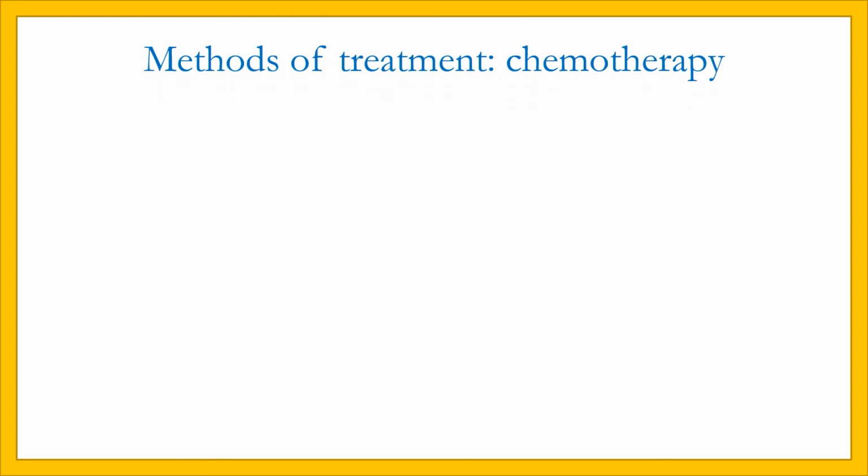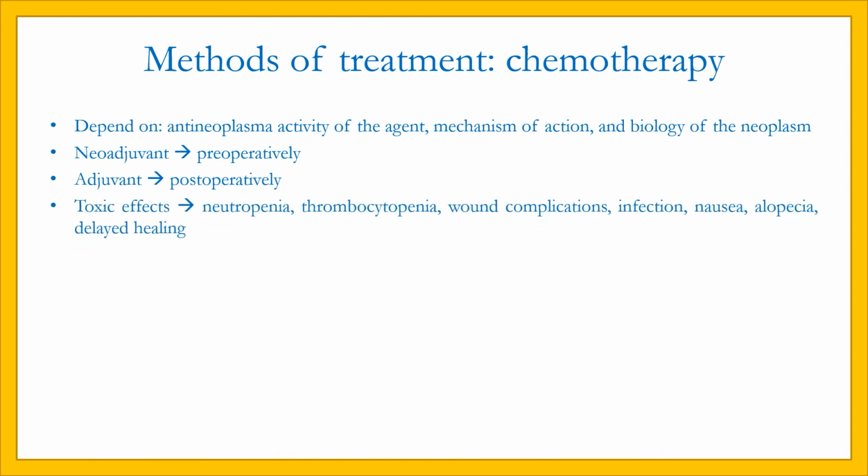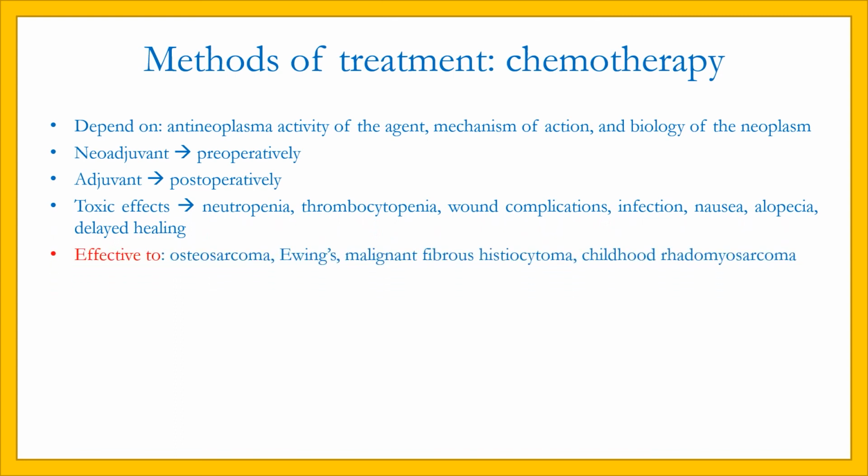Methods of treatment: chemotherapy depends on the anti-neoplastic activity of the agent, mechanism of action, and biology of the neoplasm. Neoadjuvant is preoperative, adjuvant is postoperative. Toxic effects: neutropenia, thrombocytopenia, wound complications, infection, nausea, alopecia, and delayed healing. Effective in osteosarcoma, Ewing's, malignant fibrous histiocytoma, and childhood rhabdomyosarcoma; relatively resistant are chondrosarcoma, fibrosarcoma, and soft tissue sarcomas.